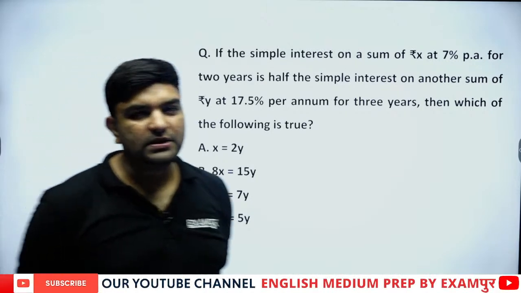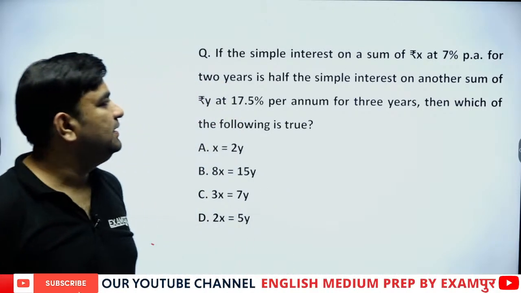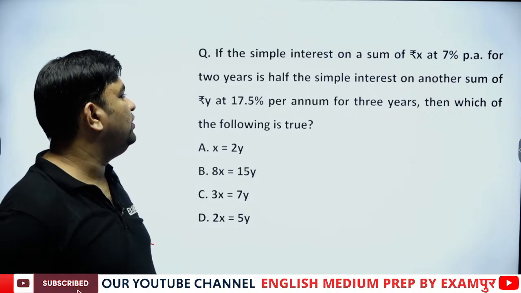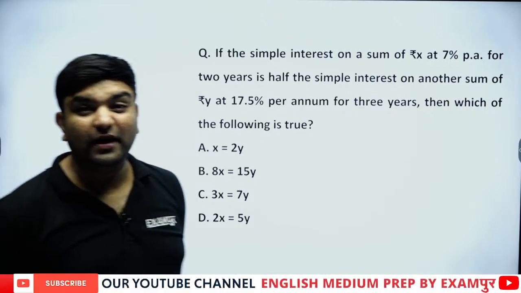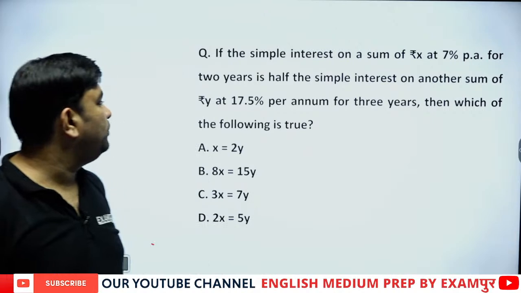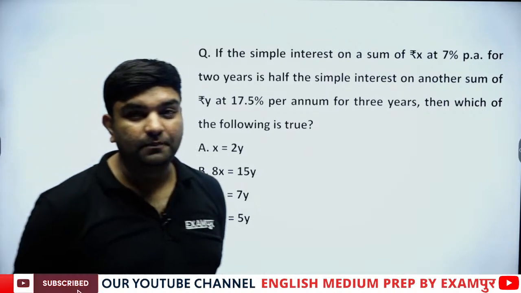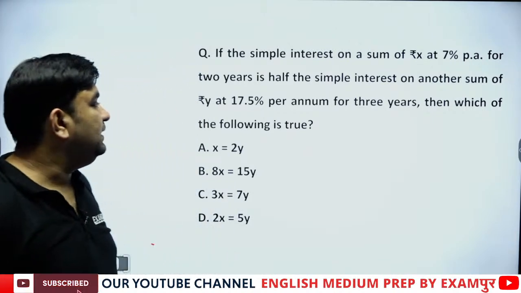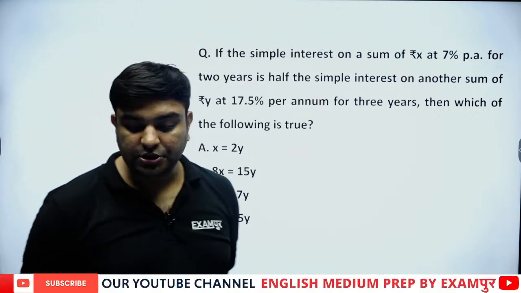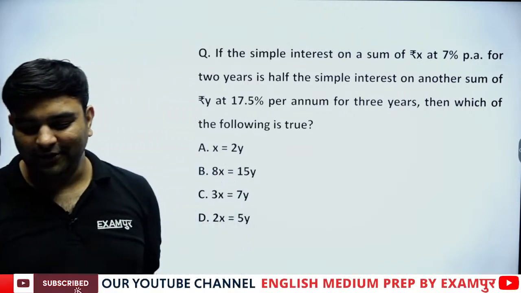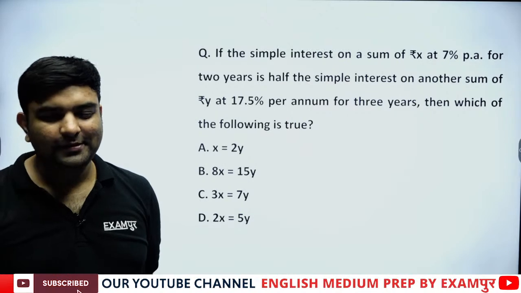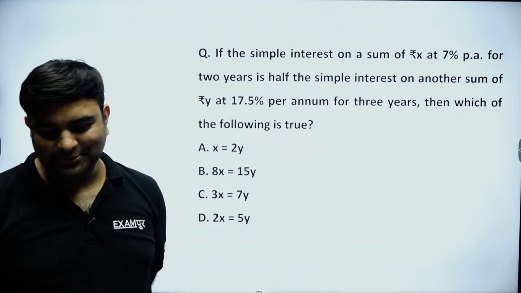If the simple interest on a sum of rupees X at 7% per annum for 2 years is half the simple interest on another sum of rupees Y at 17.5% per annum in 3 years, then which of the following conditions is true?